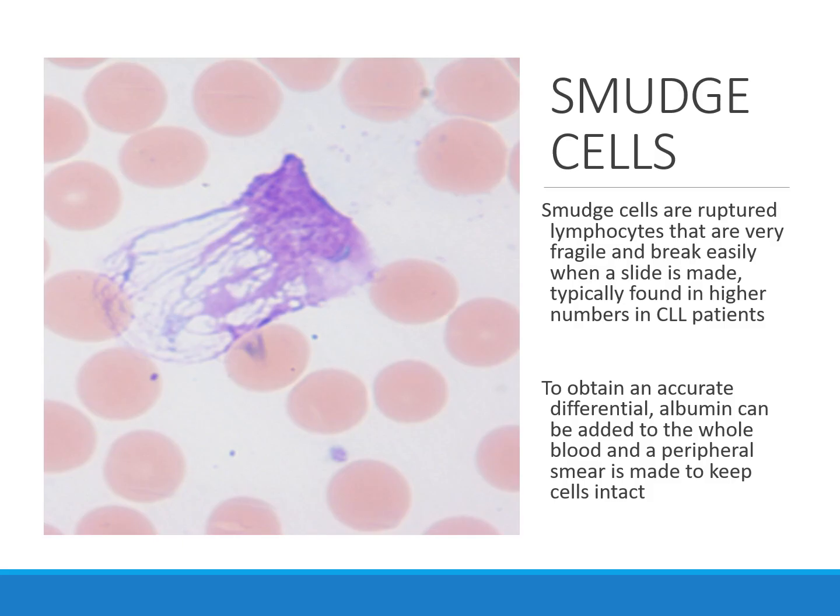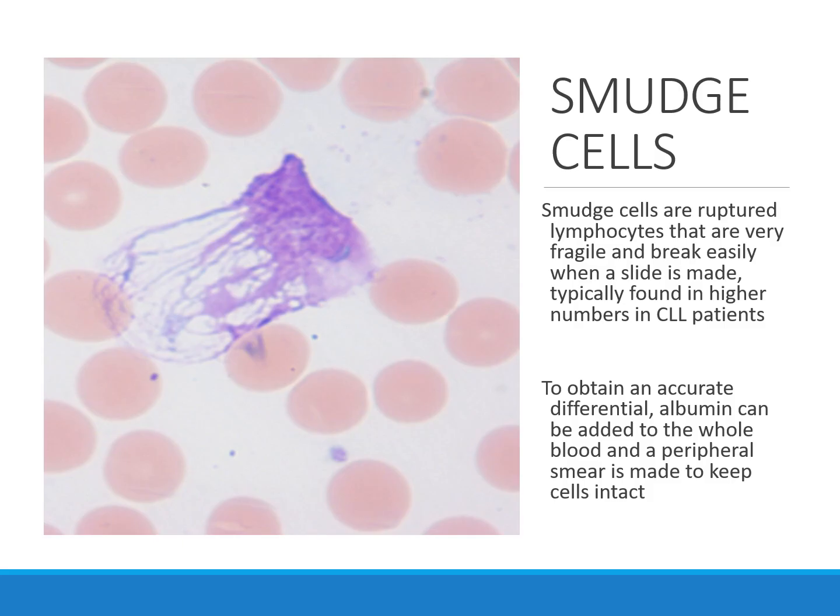In fact, it's one of the clues that we might be looking at a patient with CLL who has not already been diagnosed. What we can do to give those cells a little bit more stability, durability, is we can take whole blood from the patient and add 1 drop of bovine albumin, which creates a protein matrix around the cell and makes it a little bit more sturdy.